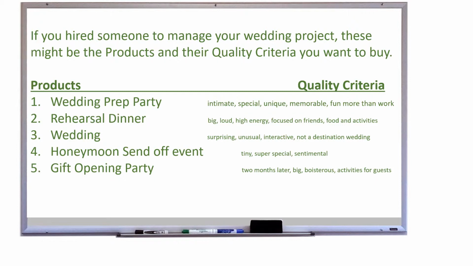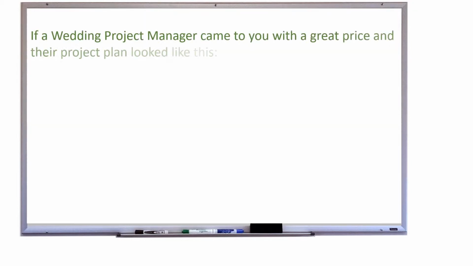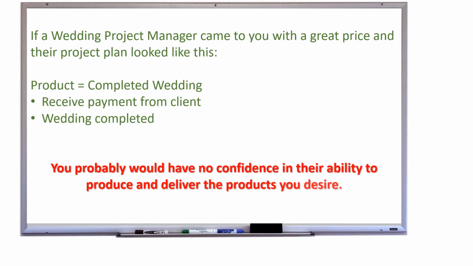All right, so say this is what you wanted, these are the products and the quality criteria that you had in mind. And then say a wedding project manager came to you with this fantastic price, and this is what their project plan looked like. Because you told them you wanted them to list the products, and so they just listed one product, the completed wedding.